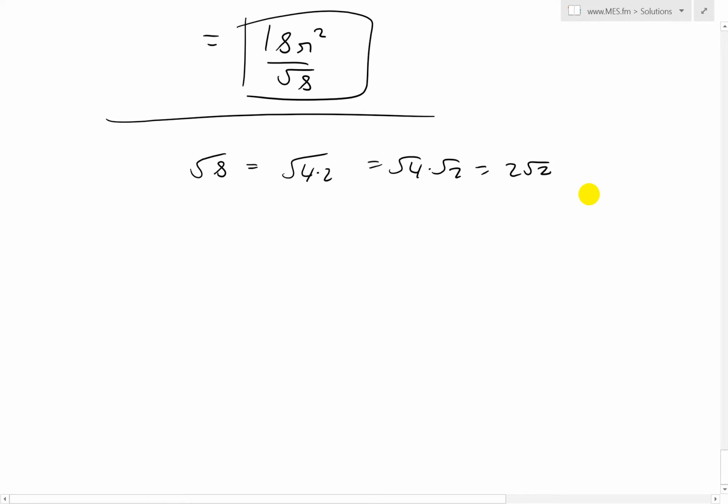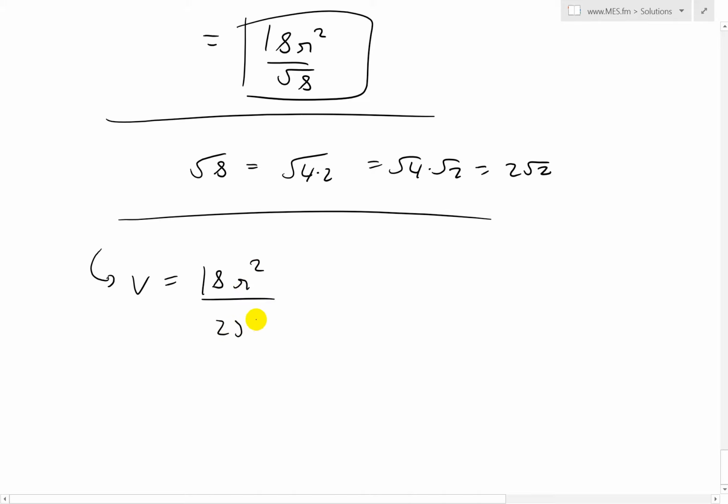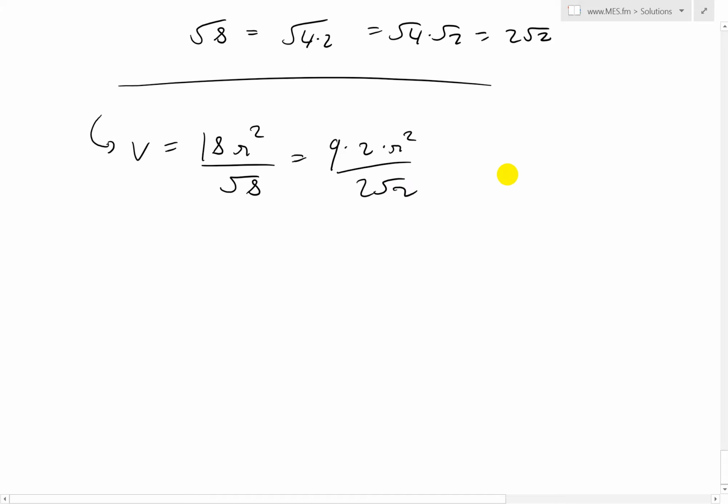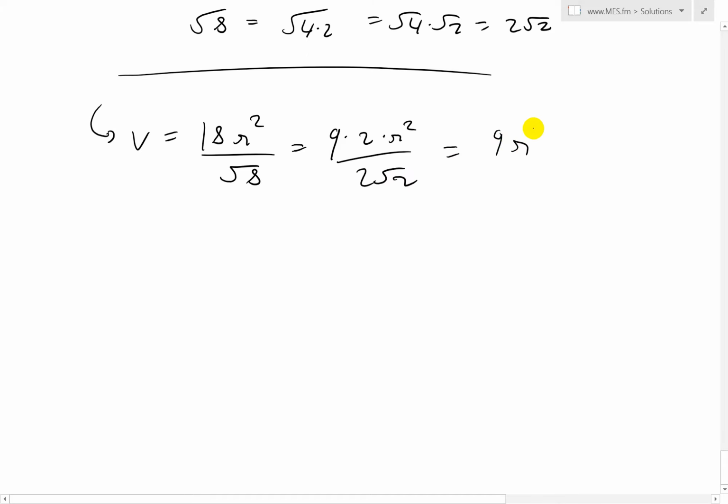So you could write the volume as, it doesn't matter how you write it, these are all the same answers, 18 pi squared divided by 2 square root 2. Here I'll write it for completeness: 18 is 9 times 2, so pi squared over 2 square root 2, the 2's cancel, so again you could write this as 9 pi squared over square root 2.